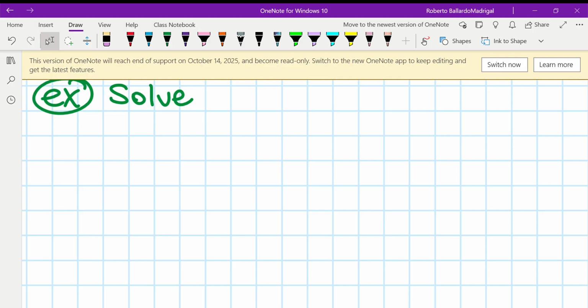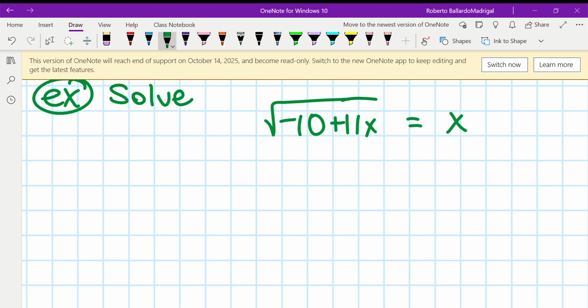Radical negative 10 plus 11x is equal to x. Okay, so write this down. Radical negative 10 plus 11x equals x.